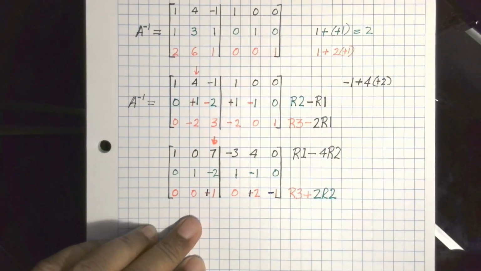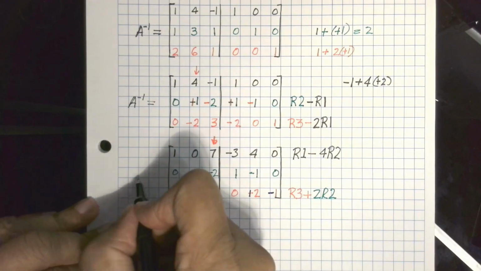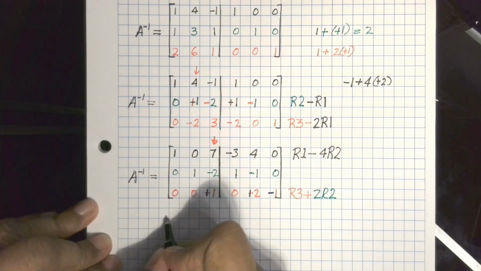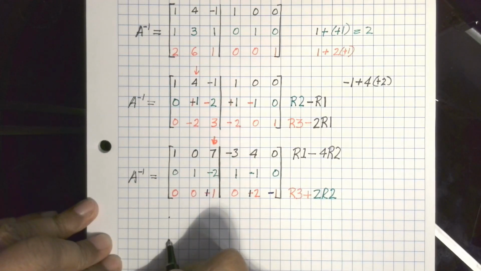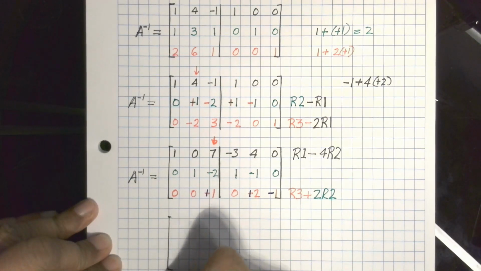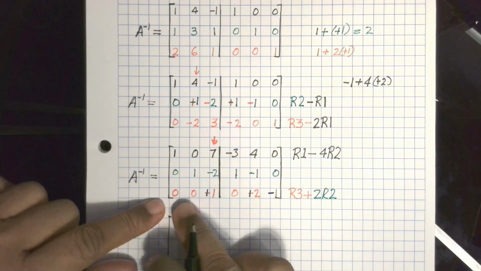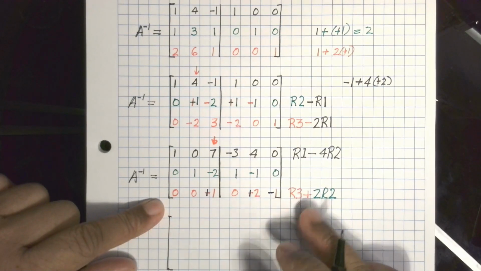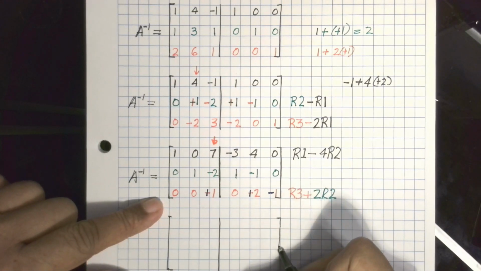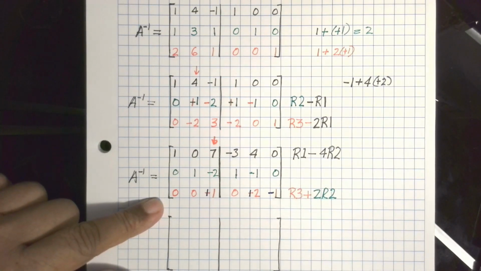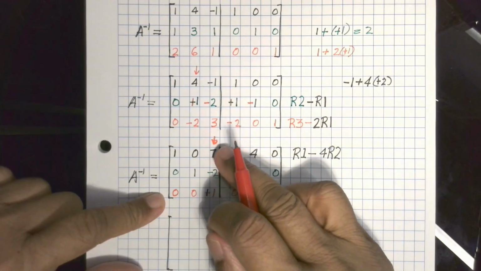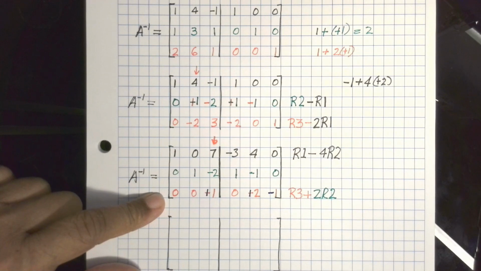When we look at this, we're going to go and map out our plan again. I'm going to go and put, and we know that the third row will stay the same, so I'm going to leave it as is. And we're going to use that third row to change this guy and this guy into zeros.